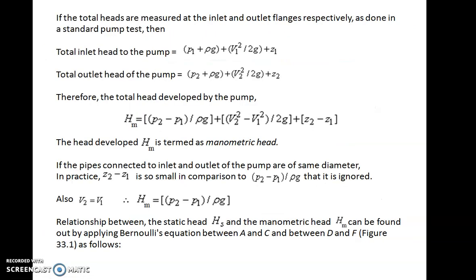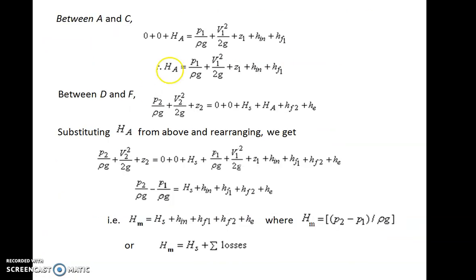So at point D it is P2 by rho g plus the velocity through the delivery pipe V2 square by 2g plus Z2, the height of point D from the datum, which is equal to the pressure at point F, atmospheric, which you can consider as 0, plus kinetic energy also 0 at point F, plus HS.